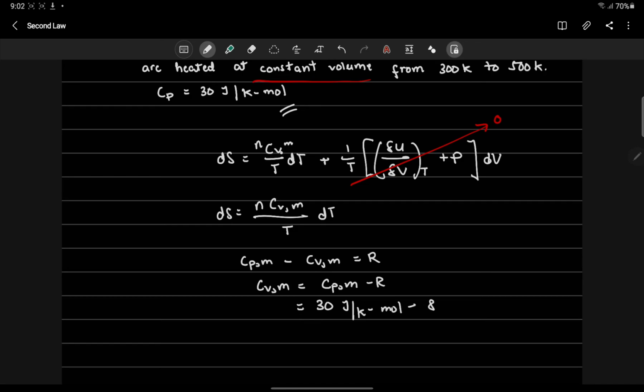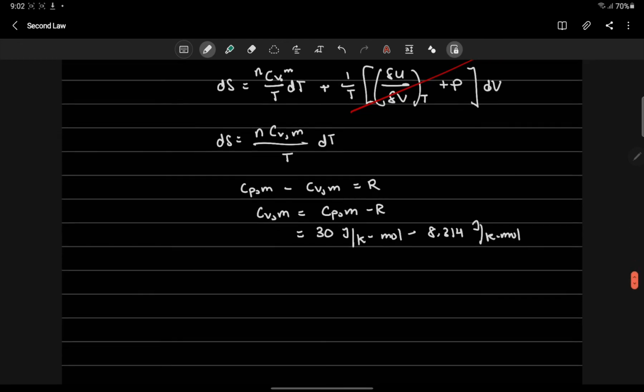R is 8.314 joules per Kelvin mole. So, ang ending, yung Cv natin will be 21.7 joules per Kelvin mole. And yan na yung pwede natin gamitin dito sa ating working equation.